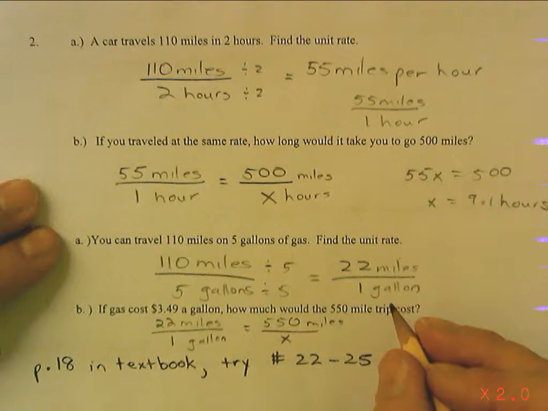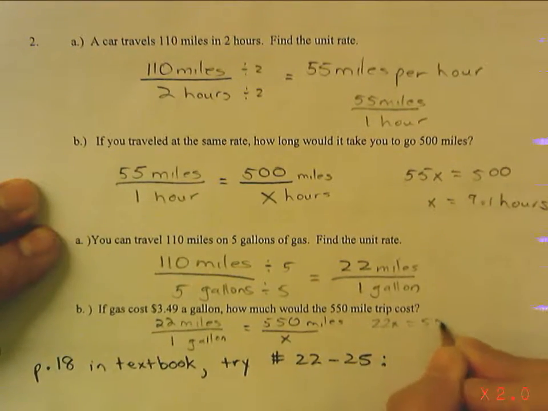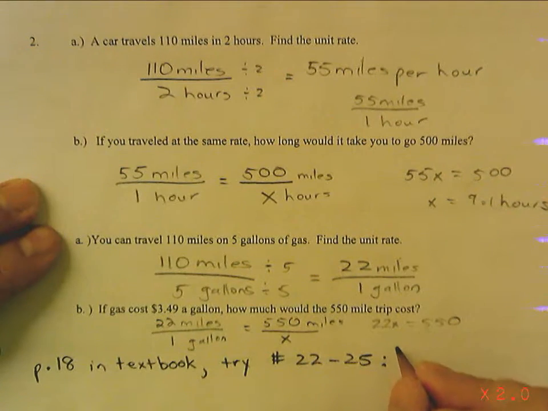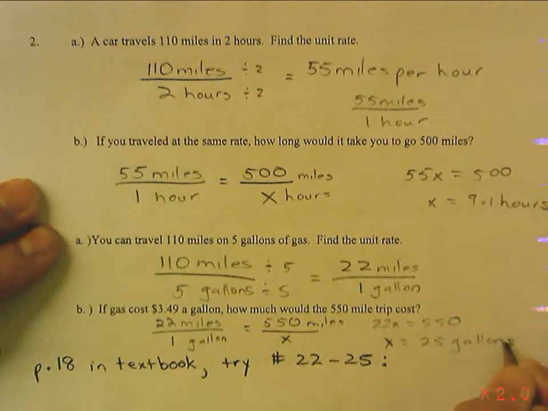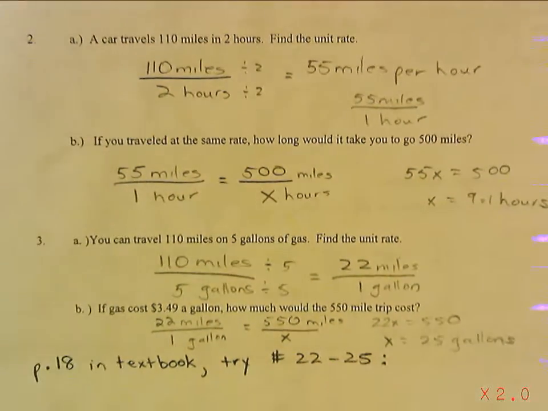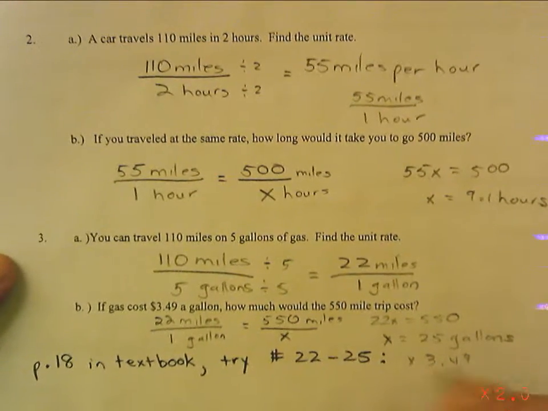That would end up being 22x equals 550, so x equals 25 gallons, but I'm not done because it said gas costs $3.49 a gallon. How much would it cost? So now I have to multiply this by 3.49, and I get 87.25.